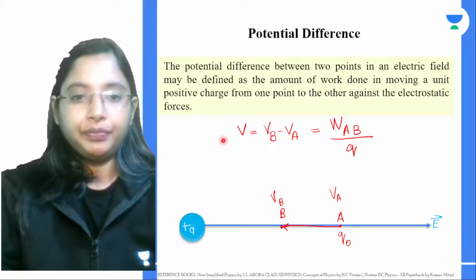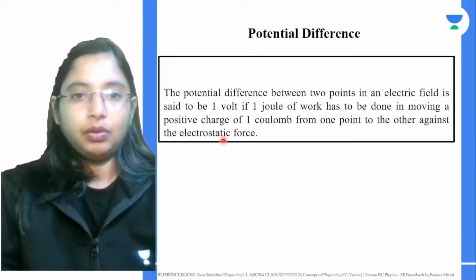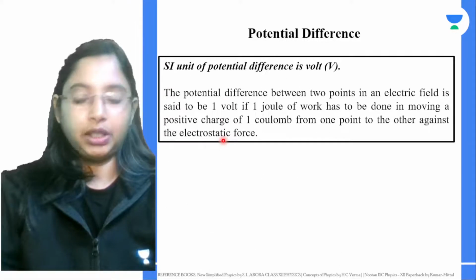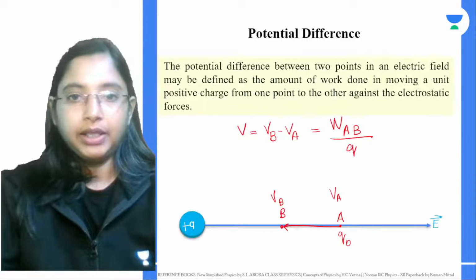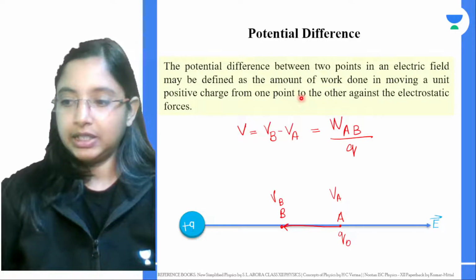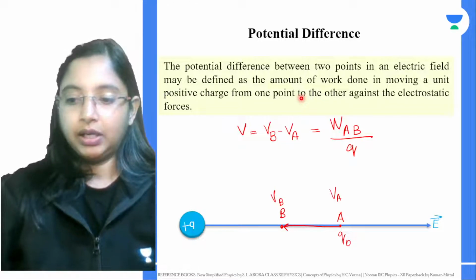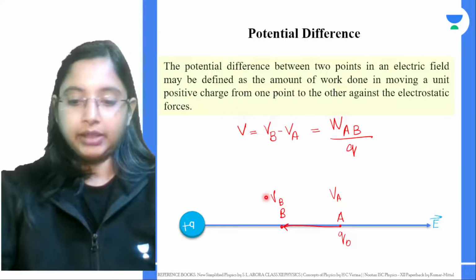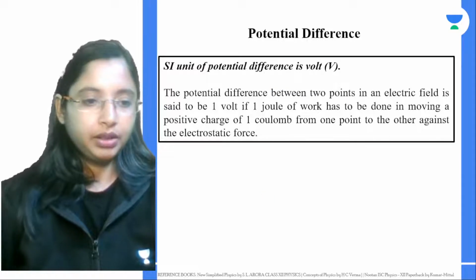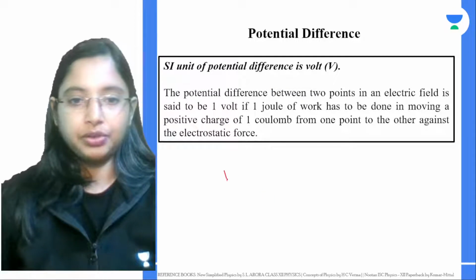Now, what would be the unit? Over here the quantity is work done. The SI unit of potential difference is 1 volt.